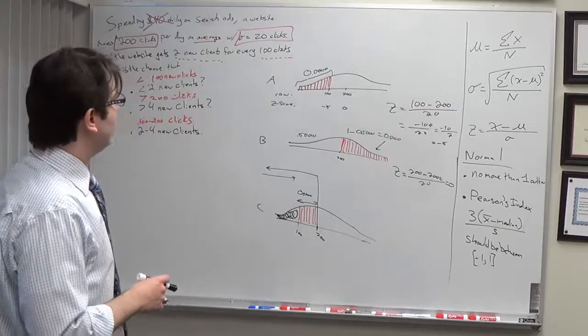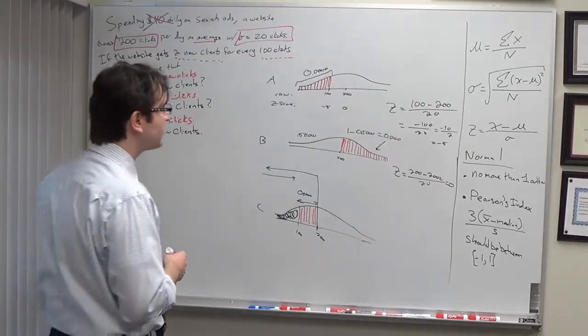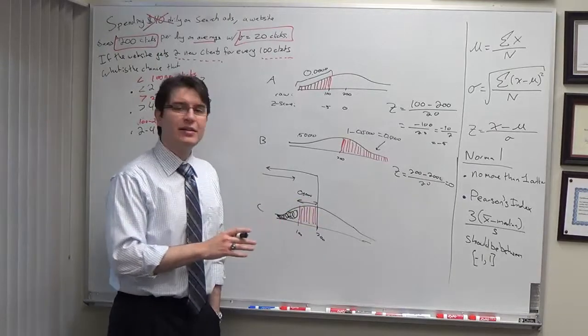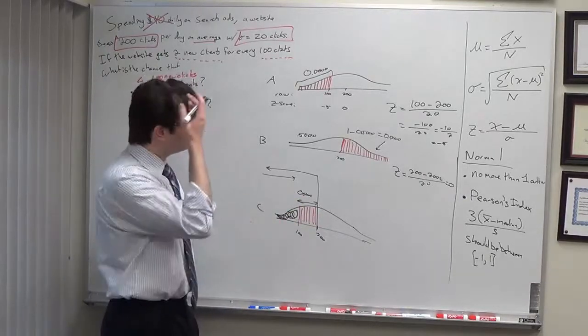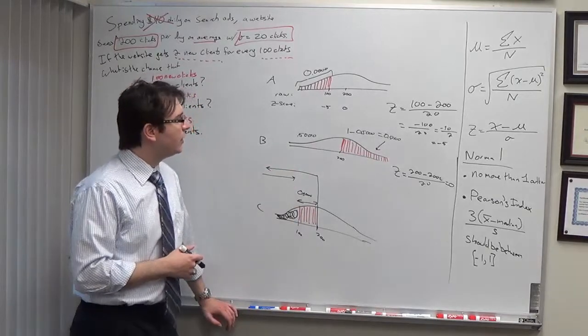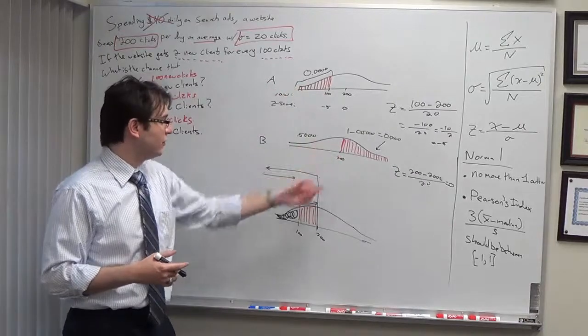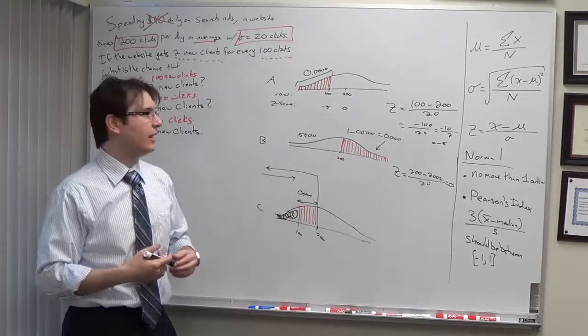Let's take a look then at what we can really find out with this type of idea. As long as our data is normal, we can look under the normal curve and we can expect to find ourselves areas. Areas to the left, areas to the right, areas in between 2 things.